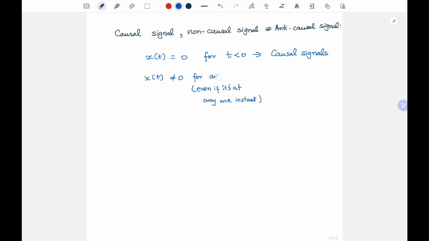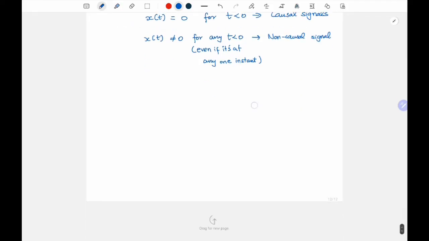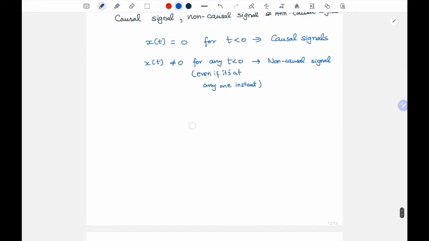So we'll write it as for any t less than 0, then it is called a non-causal signal. And an anti-causal signal is nothing but x of t equal to 0 for t greater than 0, just the opposite of causal. So it is called an anti-causal signal.